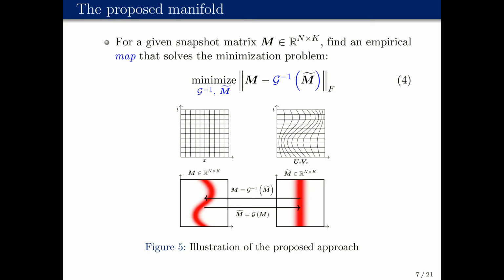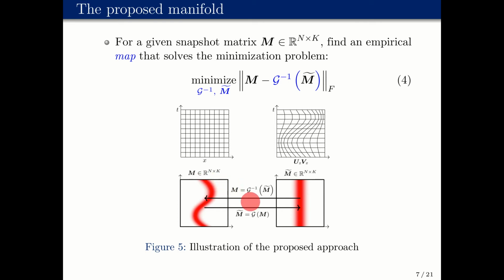We have our snapshot matrix M of size n by k. This is high rank by our assumption, since this is the solution of our convection-dominated flows. We are looking for a map G from the high dimensional space to the low dimensional space, and we are also looking for its inverse from the low dimensional manifold to the high dimensional space.